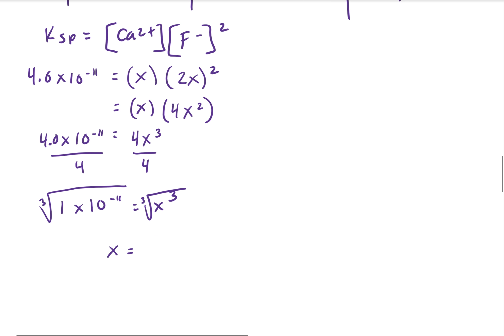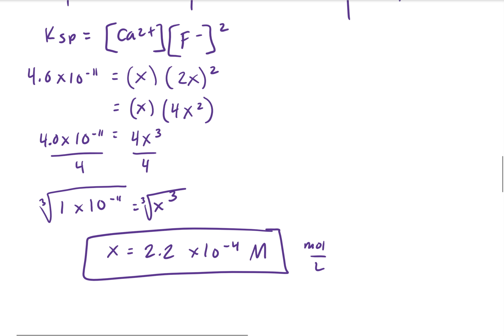And so the cube root of 1 times 10 to the negative 11 is 2.2 times 10 to the negative 4. That is equal to X, and the unit on X is a capital M, or you can write it as moles over liters. Those mean the same thing. So the molar solubility of calcium fluoride in pure water is 2.2 times 10 to the negative 4 molar.